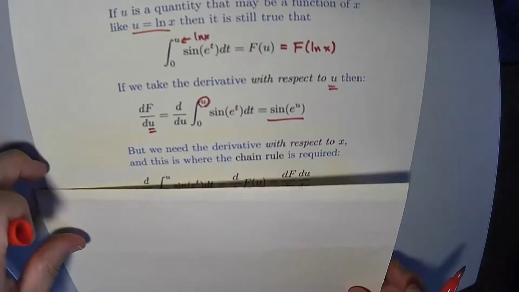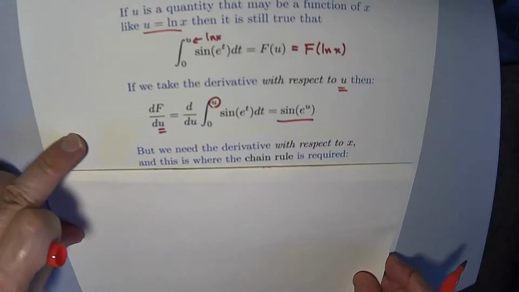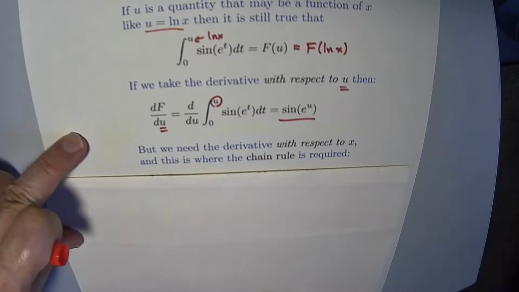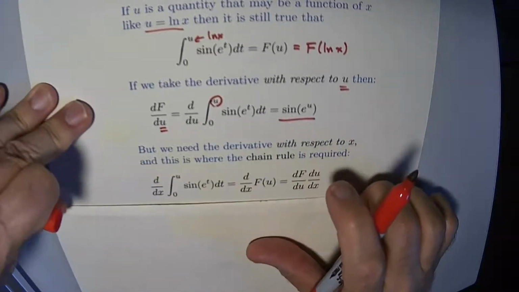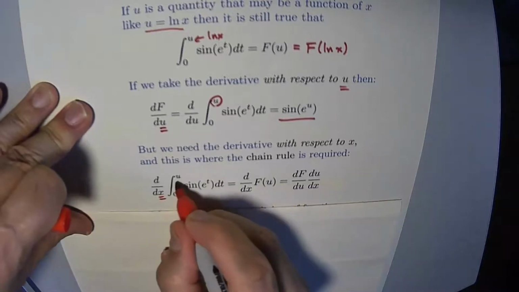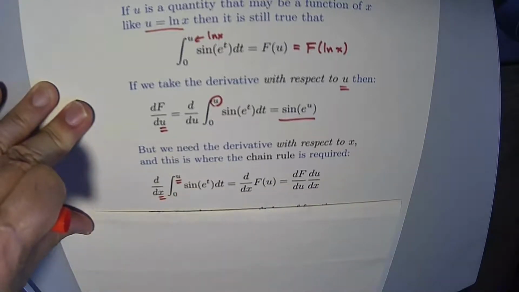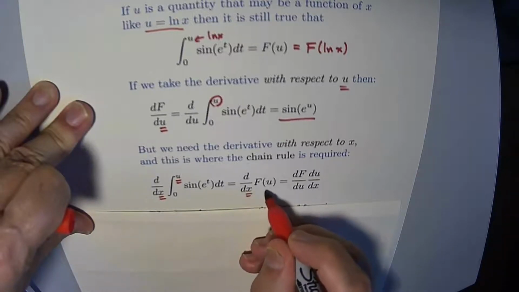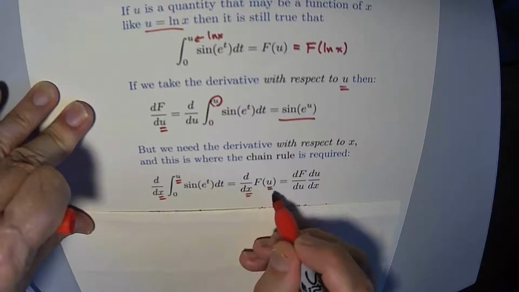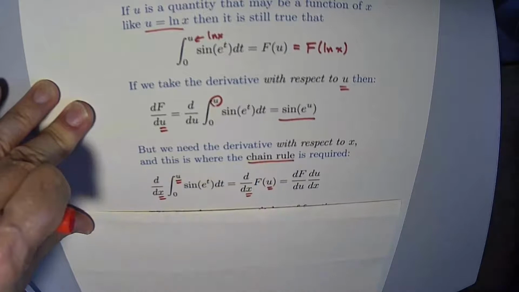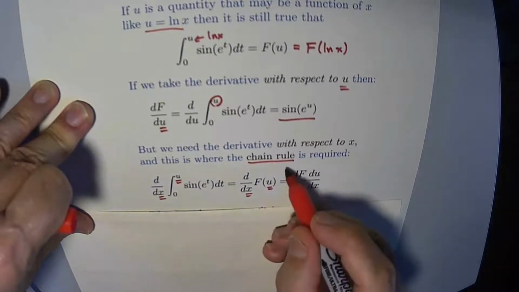On the other hand, we need to take the derivative with respect to x because that's what we were looking for. So if we take the derivative with respect to x, but with u still a function of x, then we use the chain rule right here.